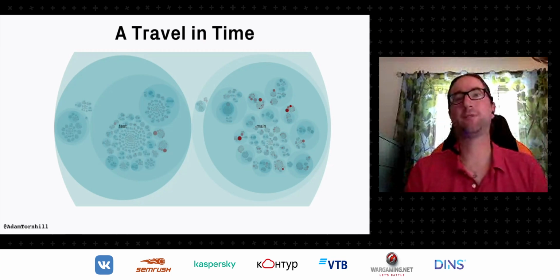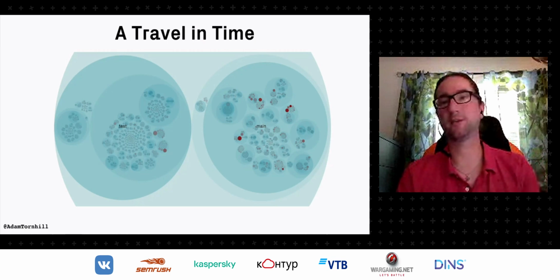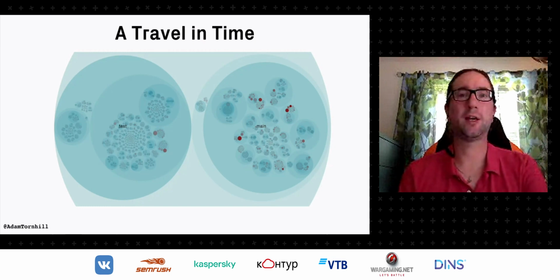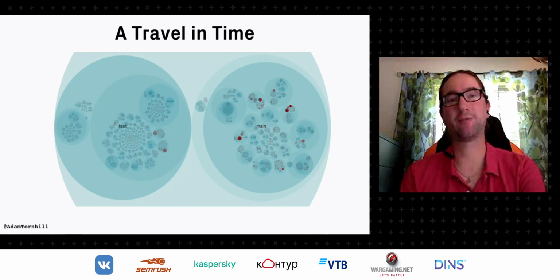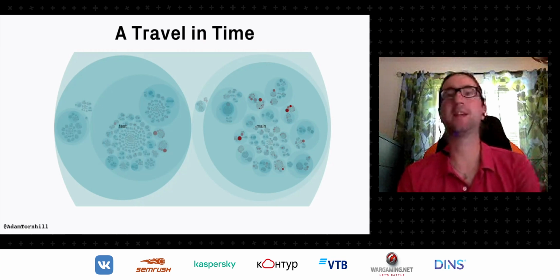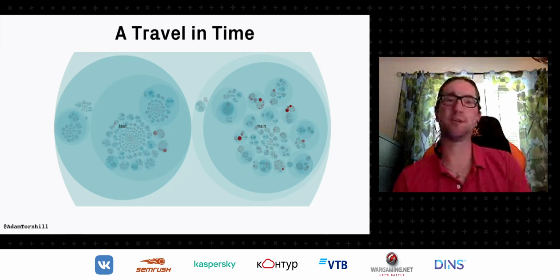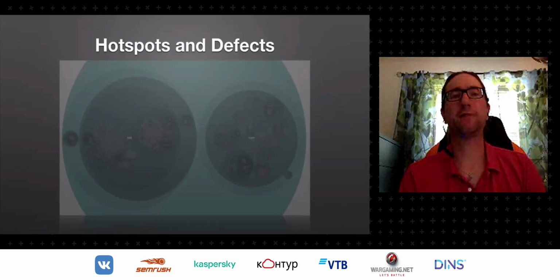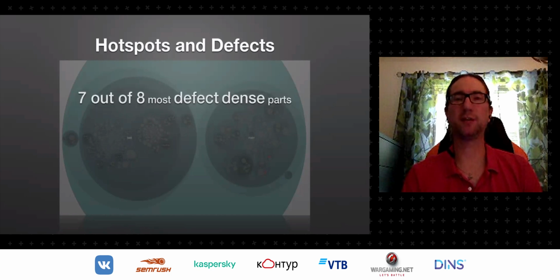And I studied a bunch of different code bases. I just want to show you one example here of a really strong pattern. So what you see here on screen is Hibernate, a well-known object relational mapper written in Java. And when I did this case study, it's many years ago now, but what I found was really, really fascinating. I found that the hotspots correctly identified 7 out of the 8 most defect-dense parts.